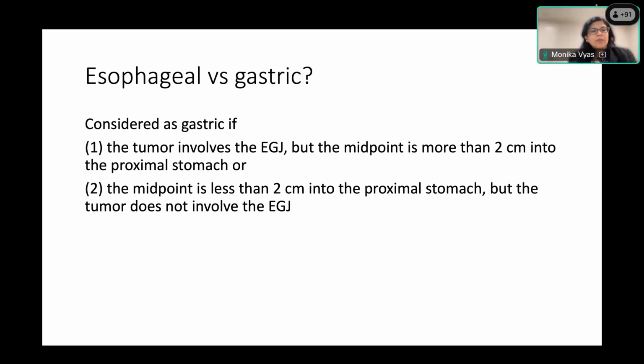A tumor is considered gastric if it involves the gastroesophageal junction but the midpoint is more than 2 centimeters in the proximal stomach, beyond that 2 centimeter cutoff in the cardia or fundus, or the midpoint is less than 2 centimeters in the proximal stomach but it does not involve the GEJ. This is something you can go back and review while grossing the specimen as well, in order to appropriately designate the tumor as esophageal or gastric.